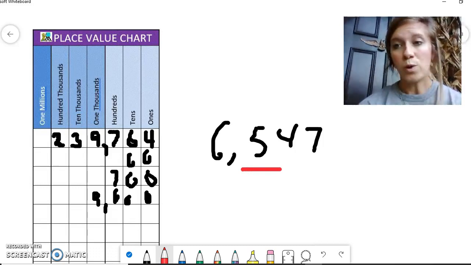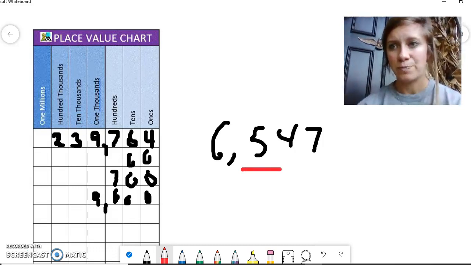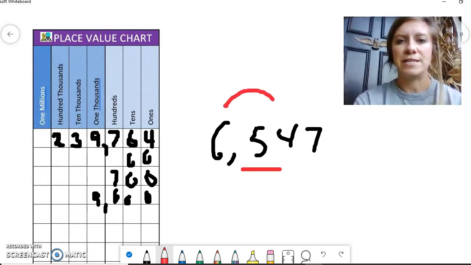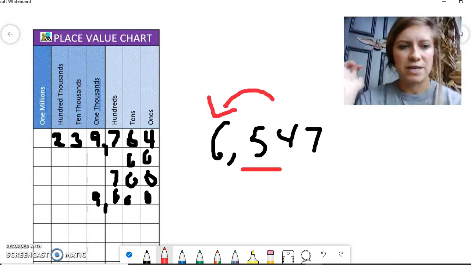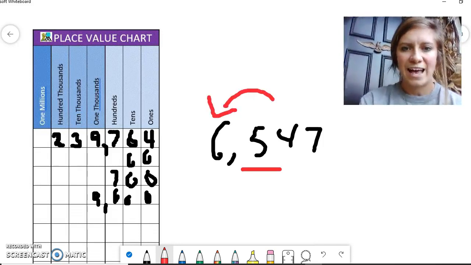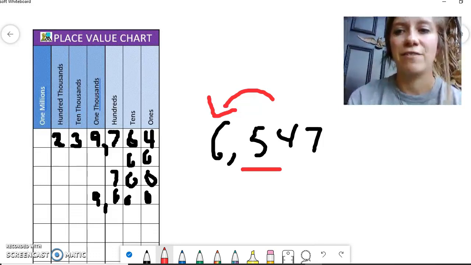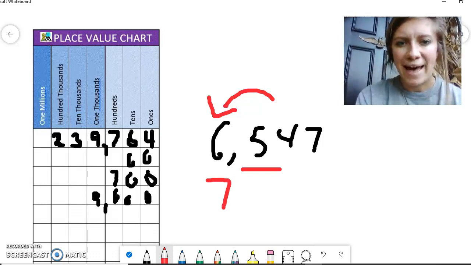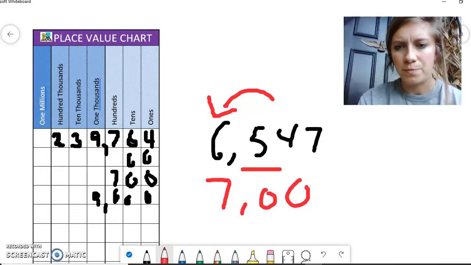If it is 4 or below, you let it go. If it's 5 or above, you give it a shove. Well, this is a 5, so that means this 6 has to be given a shove. So that my number 6,547 would be rounded to about 7,000.